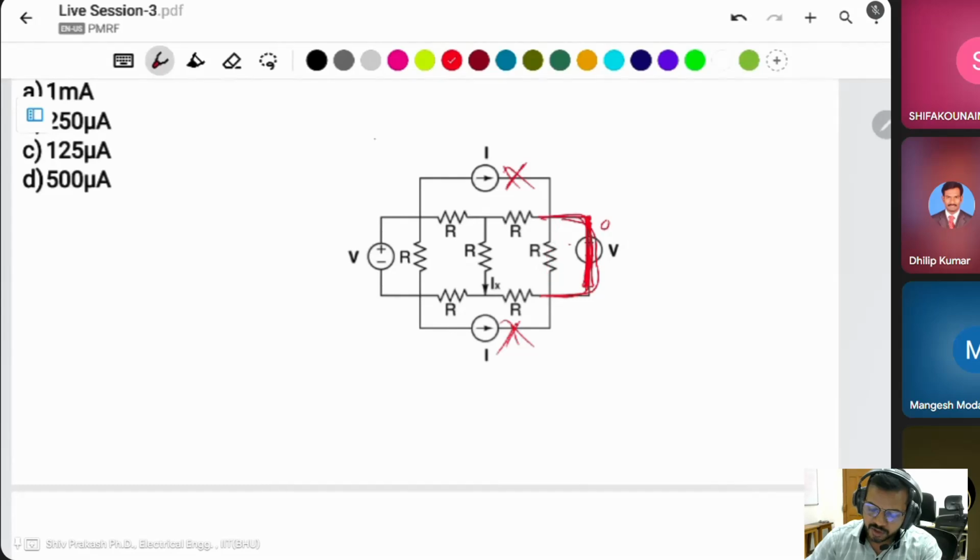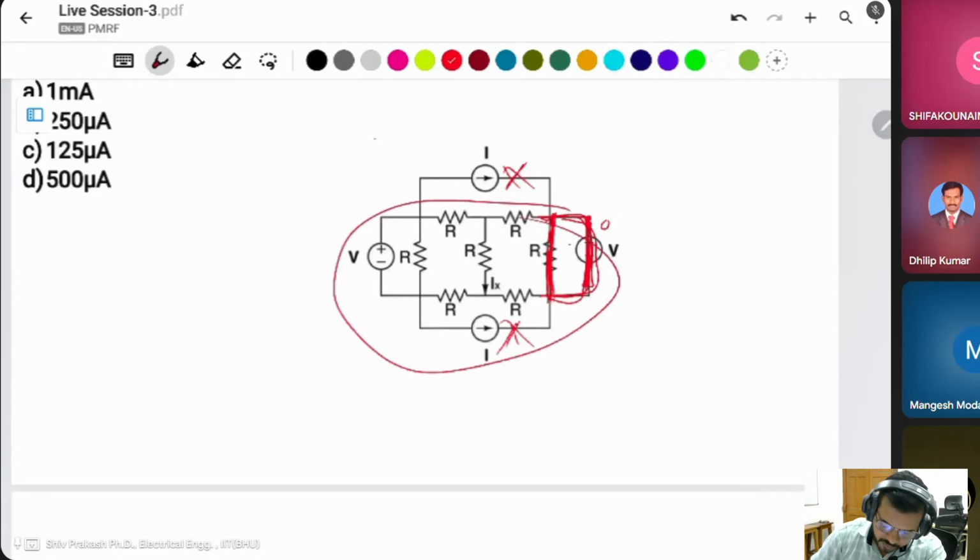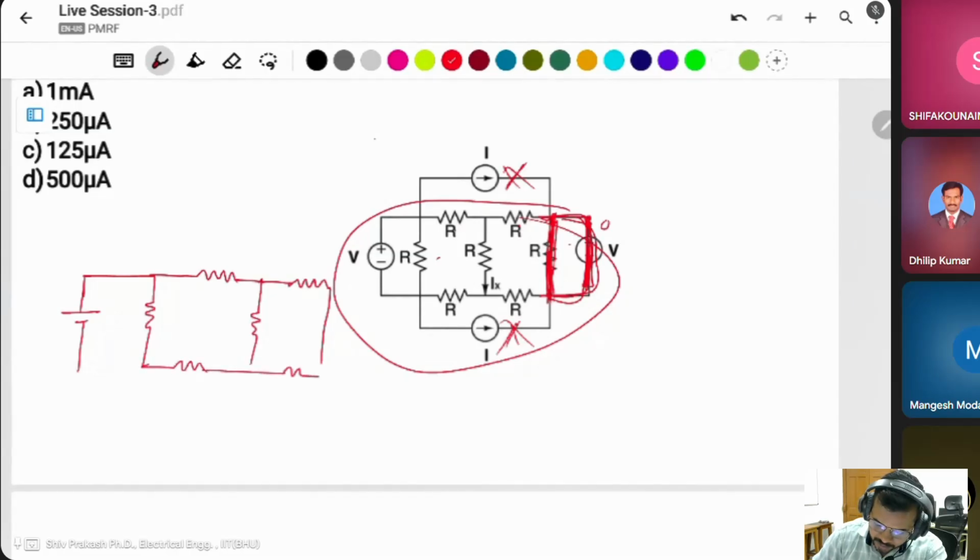All the current flows through the short, so this is also short circuited. The remaining circuit is this one only: the voltage source, this resistor, then this resistor, then this resistor, and this is short circuited. The circuit looks like that.